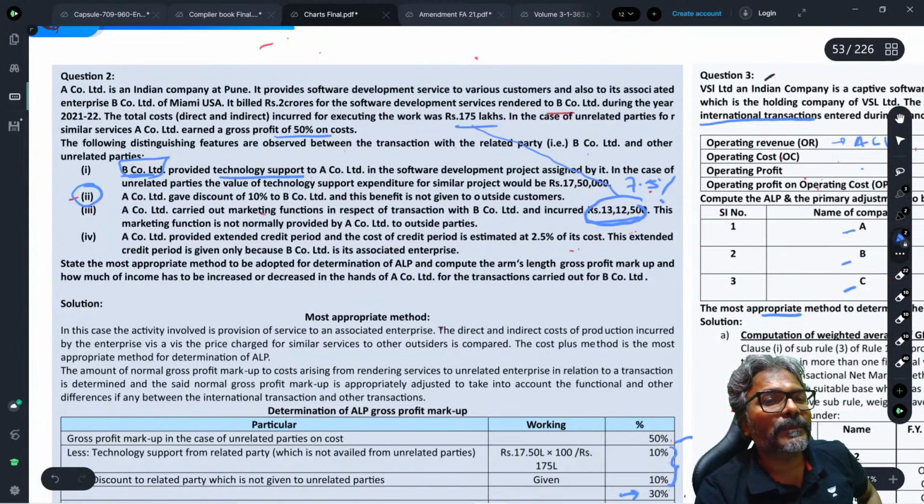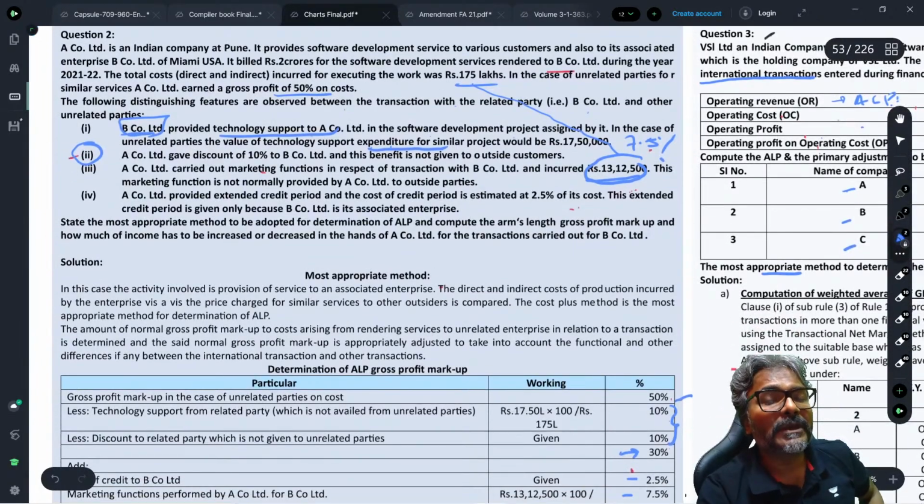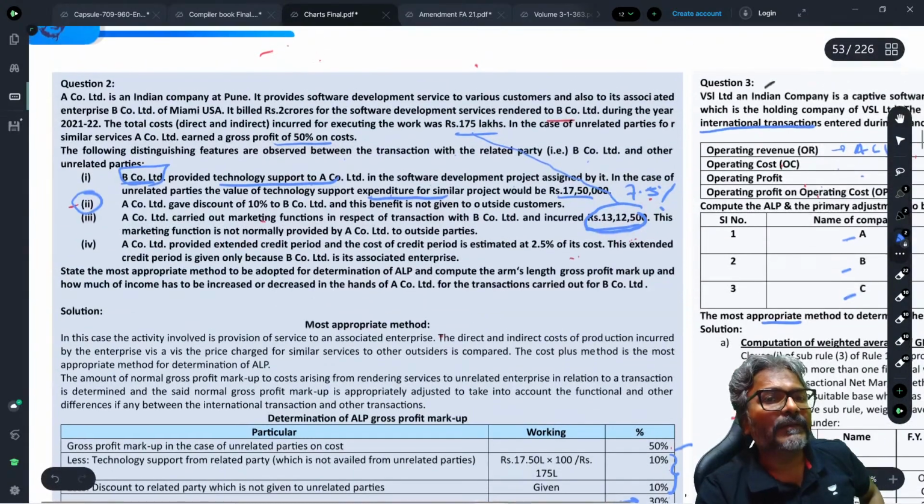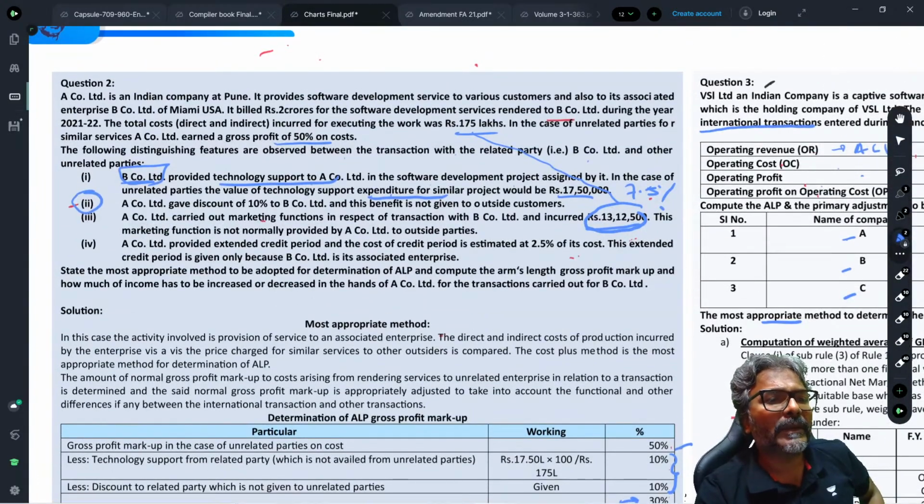The technology support to A Company Limited for its software development project assigned by it. In case of an unrelated party, the value of technology support expenditure for a similar project would be how much? It would be rupees 17,50,000. Now students, in this particular context, if you see 17,50,000, now if you see over here, please tell me one thing.